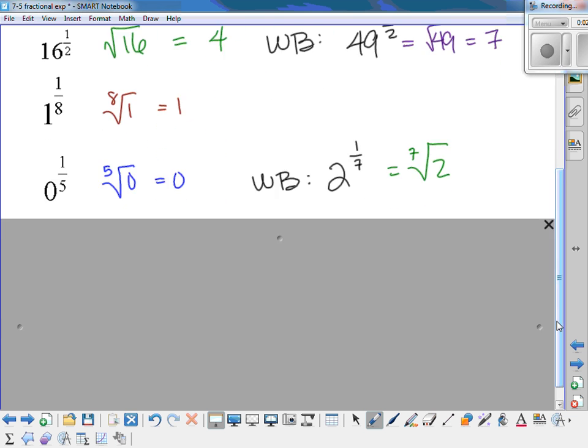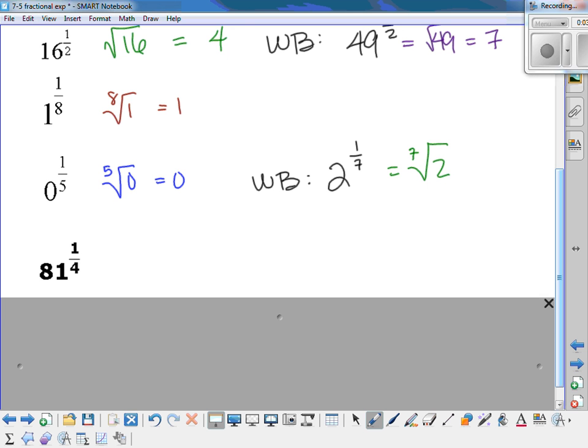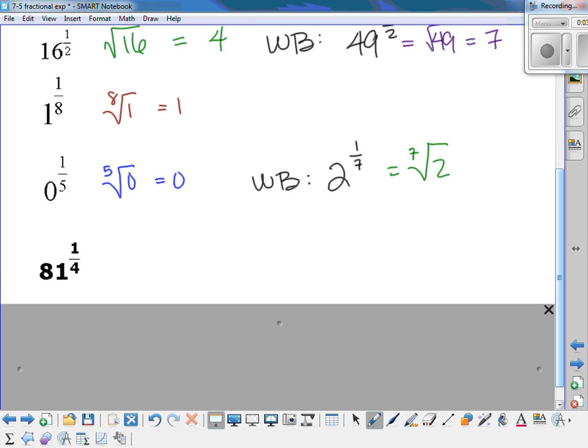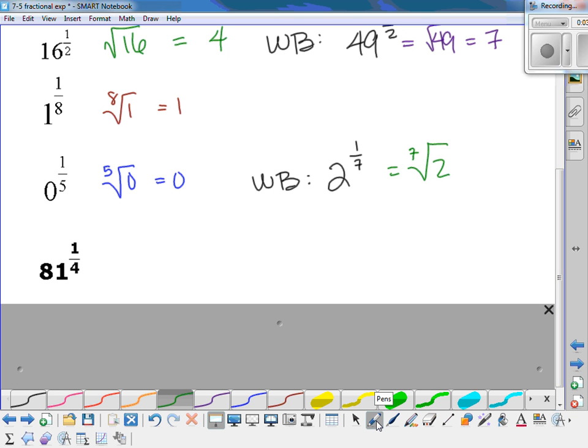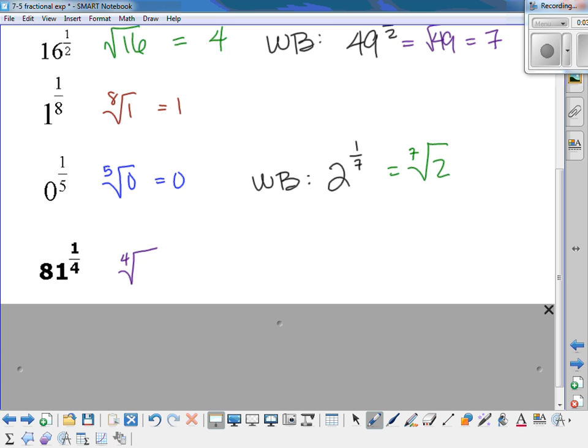Okay, back to your notes. I've got 81 to the 1/4 power, so that means my root is 4, so I'm taking the 4th root of 81. So I ask myself, what number times itself 4 times is going to equal 81? Yep, I already heard it out there, 3. Because 3 times 3 times 3 times 3 equals 81, right? So the 4th root of 81 is 3.